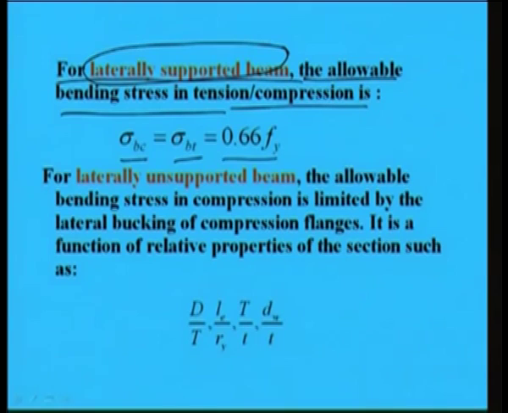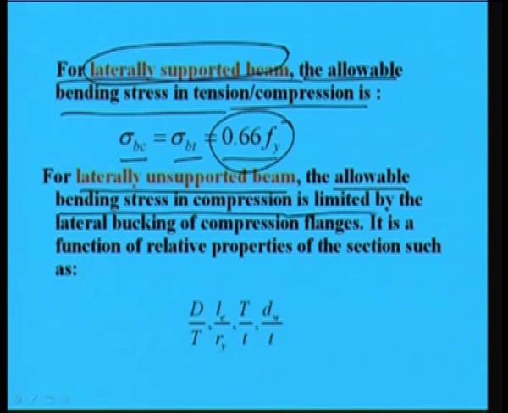In this way we can find the value if we know the grade of steel we are going to use. And for a laterally unsupported beam, the allowable bending stress in compression is limited by the lateral buckling of the compression flanges.